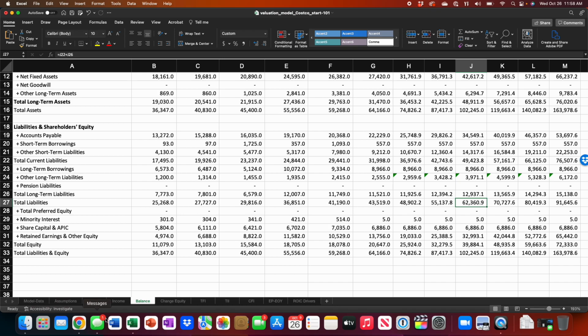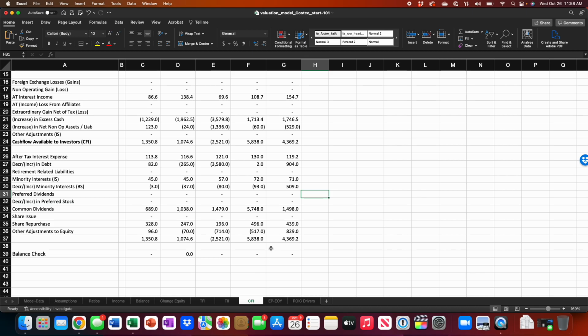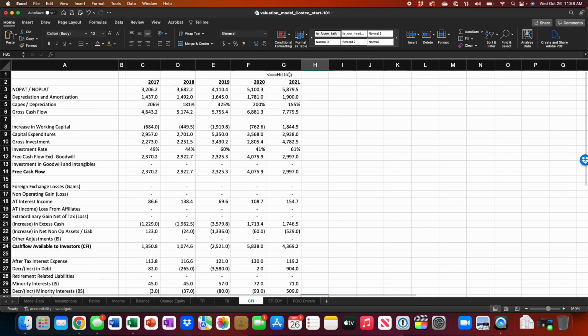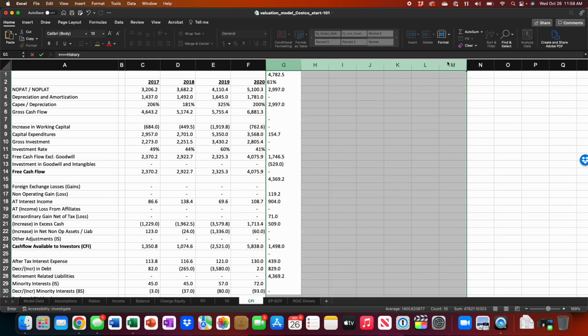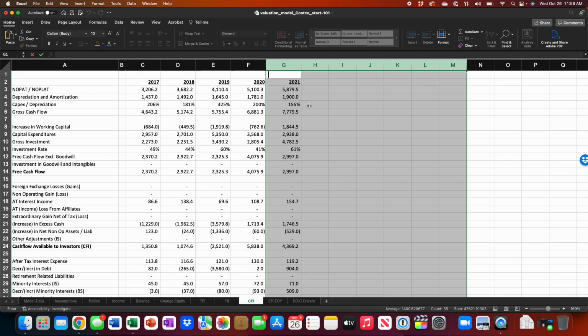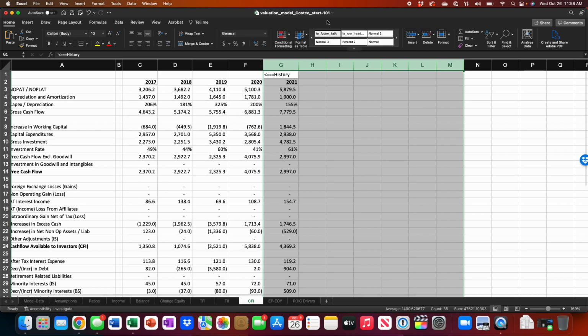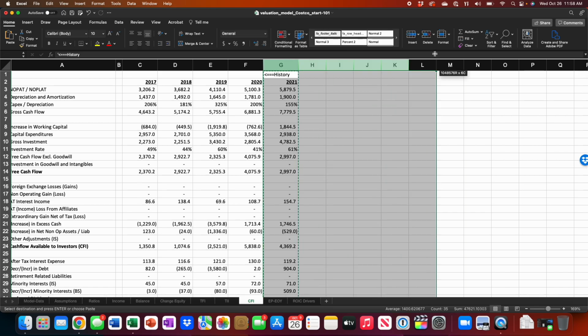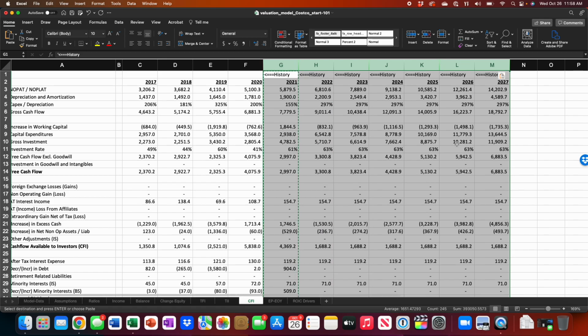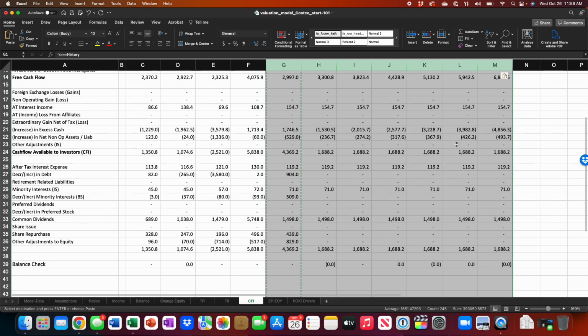All right. Now that we've done the TFI and the TII, we can go to the CFI. Again, you'd appreciate this in the midterm. Take column G, copy it, go to column M, paste it. We now have forecasted CFIs going through 2027, that balance.